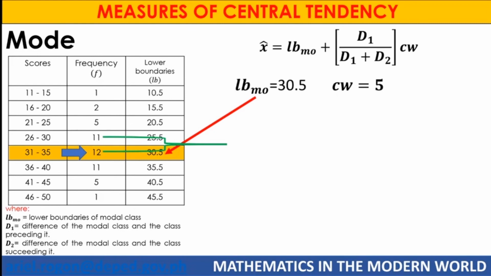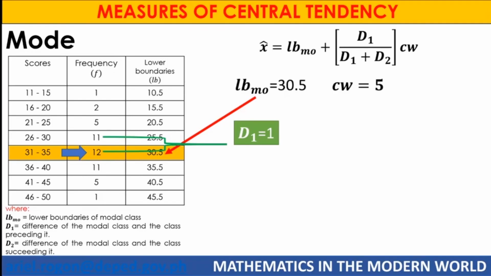That is our D1, and 12 minus 11 is equal to 1. Therefore, our D1 is equal to 1. So we have identified D1, which is the difference of the modal class and the class preceding it, or before it.